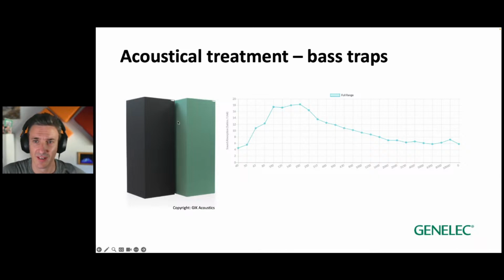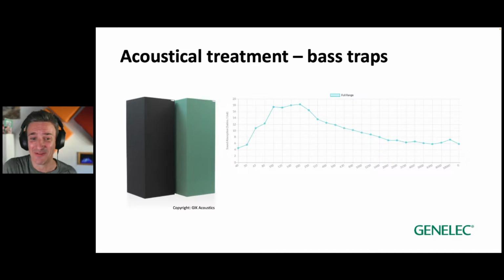They do it in laboratories, and then they show you, for example, this bass trap gets really effective in the range, I would say, starting at 80, and it's most effective between 100 and 200, 250. And then you can think about, does this make sense for my room? Usually, yes.